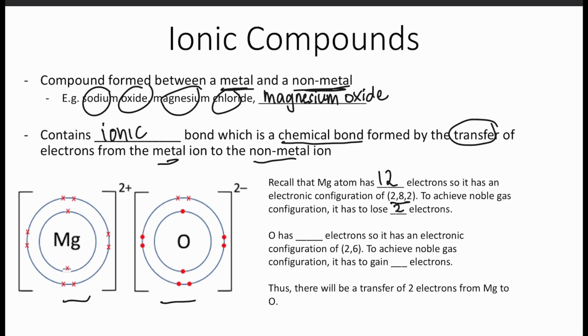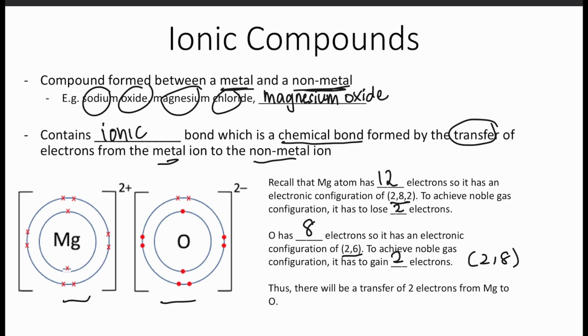If you recall from the periodic table, oxygen has 8 electrons, which means its electronic configuration is 2,6. To achieve noble gas configuration, it has to gain 2 electrons to become 2,8. Since magnesium needs to lose 2 electrons and oxygen needs to gain 2 electrons, they are perfect for each other.